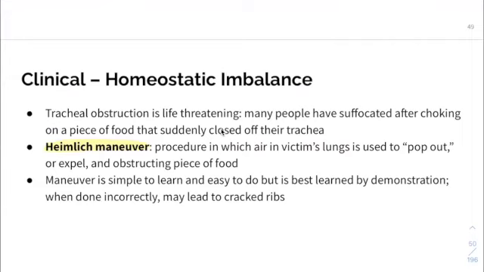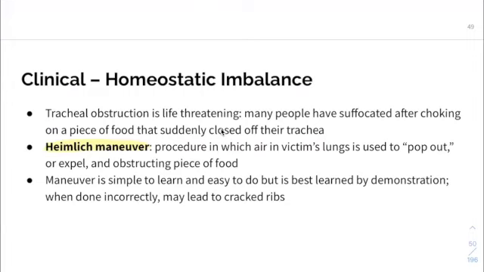It's where you put pressure up, just below the sternum, because you're pushing up to try to push out whatever is obstructing their trachea that they may have swallowed because they are choking. Again, yes, it is best learned by demonstration because it can lead to cracked ribs if you don't do it correctly.